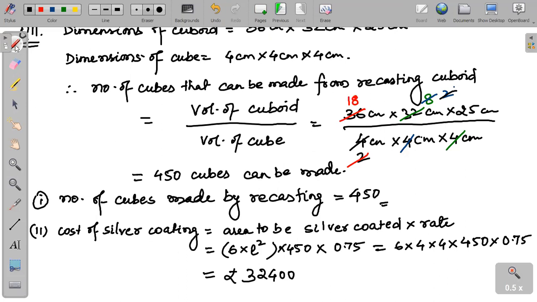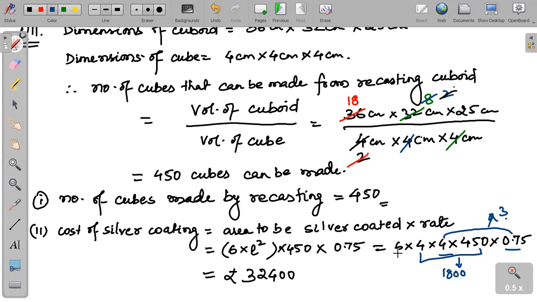How did it happen? I can mark it. This 4 into this is going to give us 3. This and this is going to give us 180, sorry, 1800.